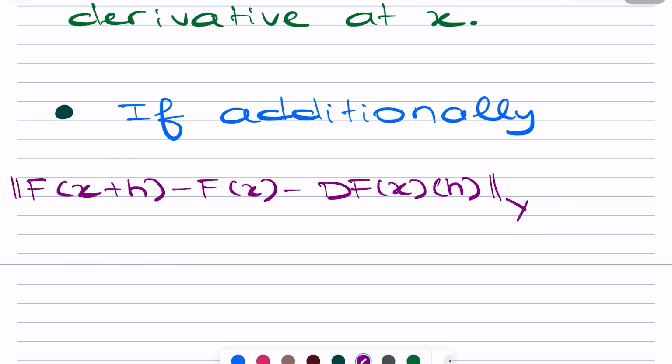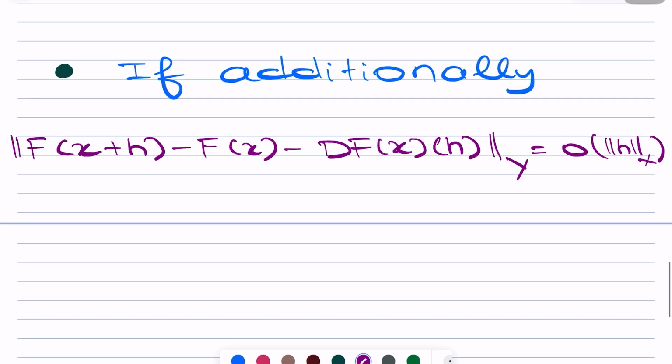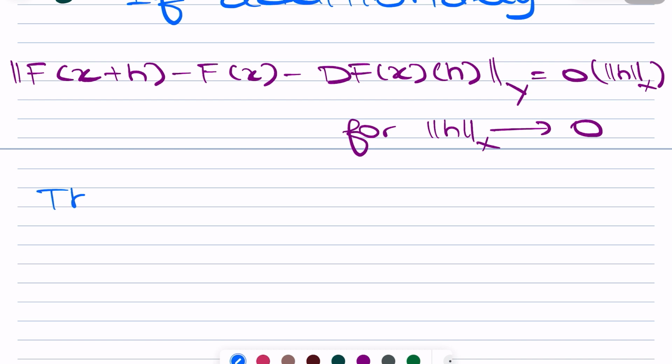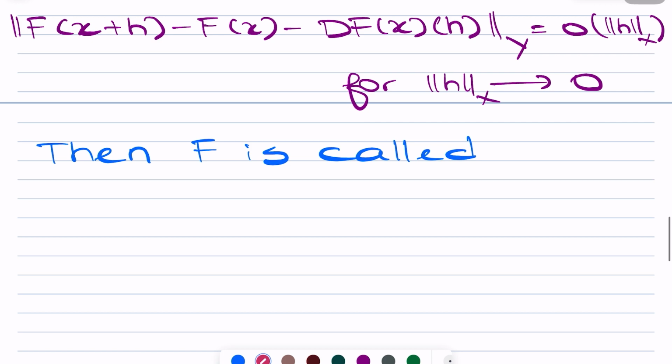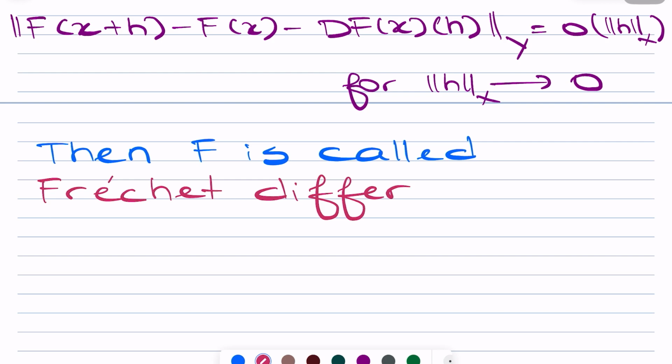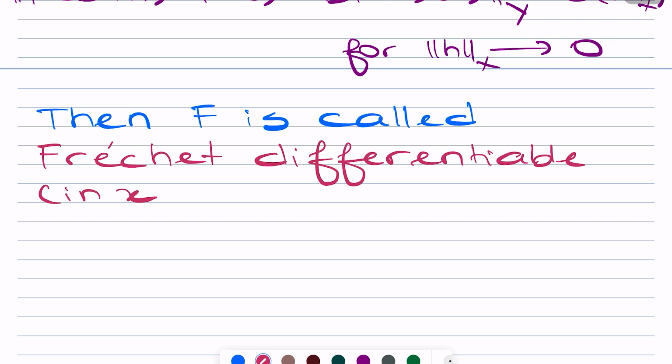So if this norm here is small o of the norm of h in X, for the norm of h in X going to 0, then f is called Fréchet differentiable in x.